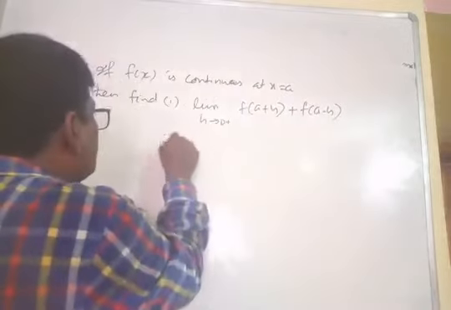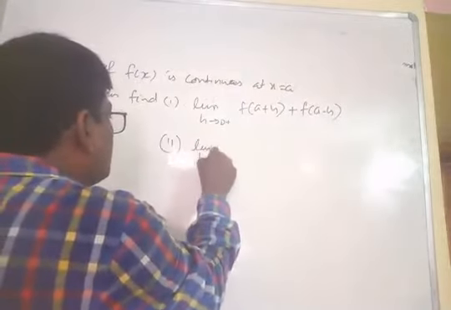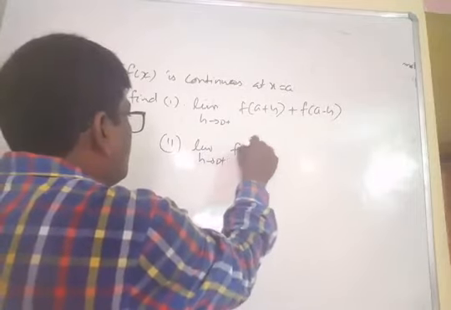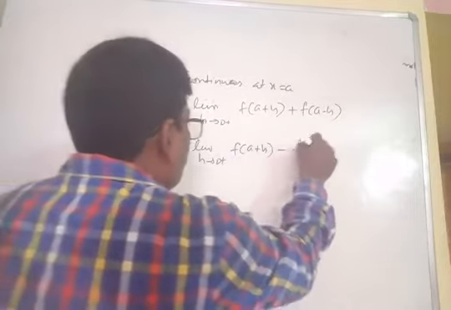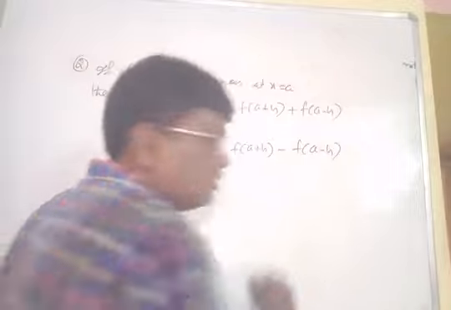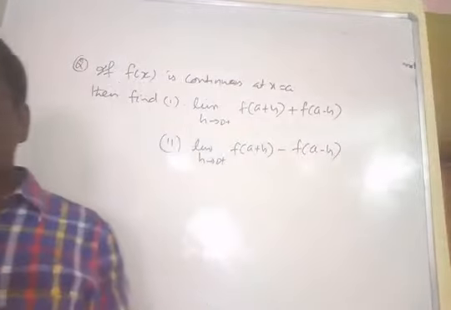Number 2, limit h tends to 0 plus half of f of a plus h minus f of a minus h. This is the element book question.